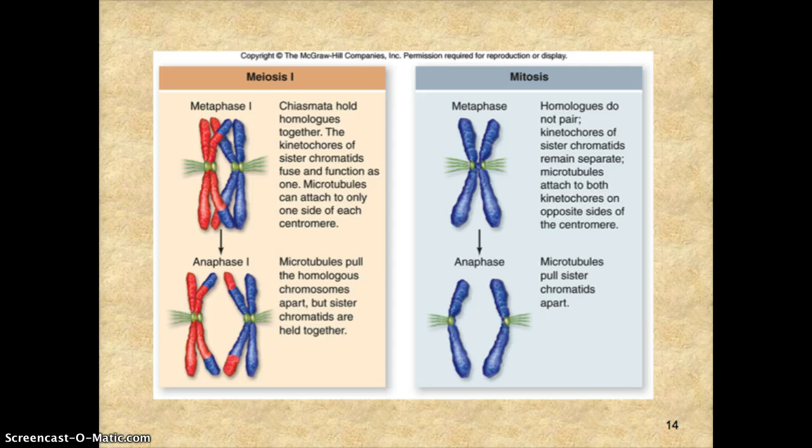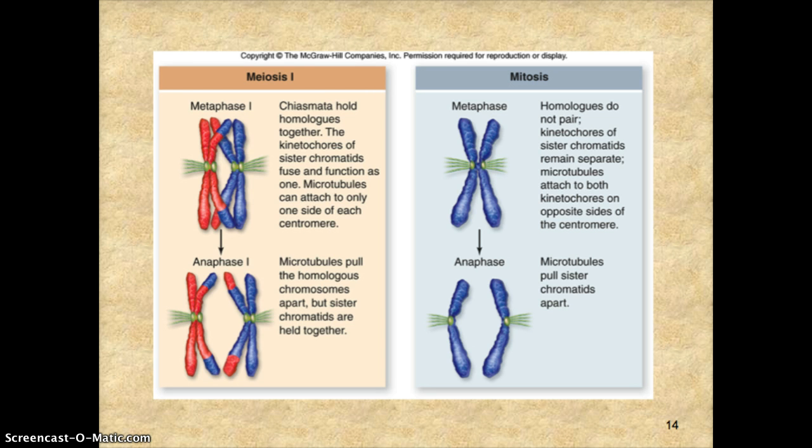Number 2, there is crossing over or genetic recombination in meiosis. It doesn't happen in mitosis. Number 3, the kinetochores are attached to the spindle fibers on one side rather than 2 sides, so that the entire chromosome is pulled to the pole.